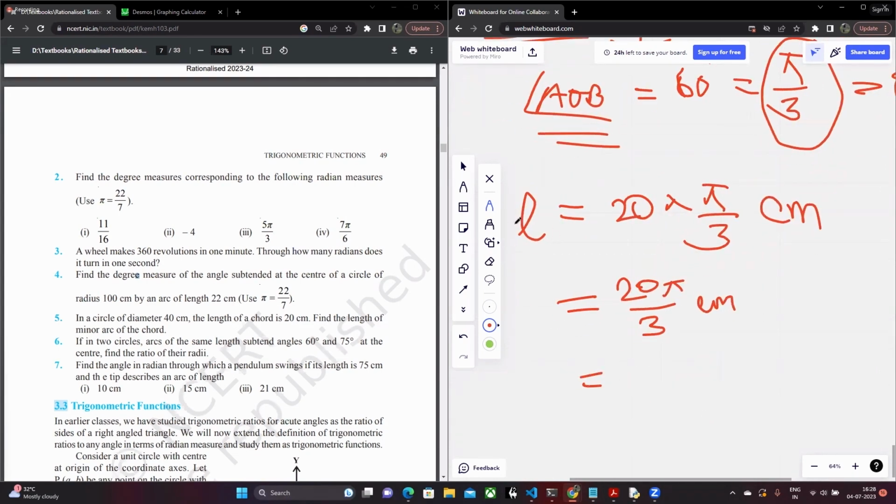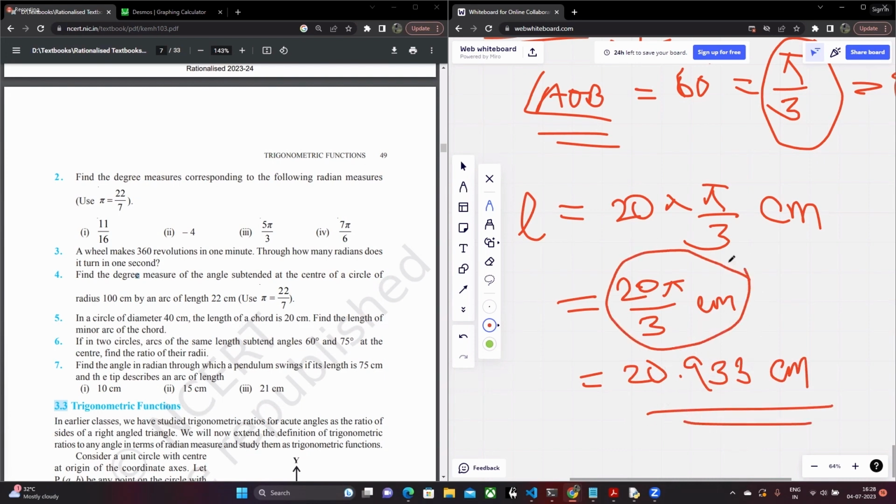But since this is a length, you usually convert this into decimals and then write it down, which means that this is going to be 20 into 3.14 divided by 3, that is going to be 20.933 centimeters, if you want to get it in decimals.